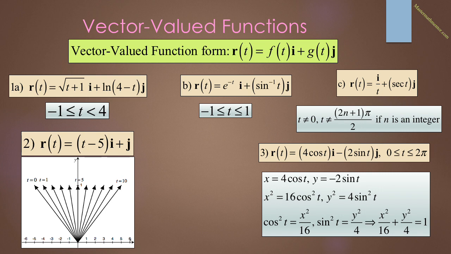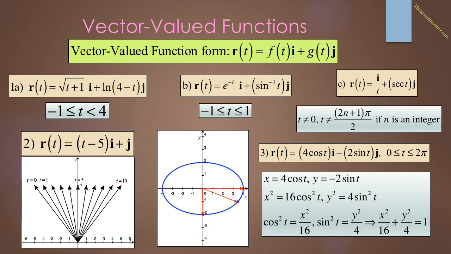Squaring both, we get x squared equals 16 cosine squared t and y squared equals 4 sine squared t. That gives cosine squared t equals x squared over 16. Sine squared t equals y squared over 4, and since sine squared plus cosine squared is equal to 1, we get x squared over 16 plus y squared over 4 is equal to 1. We graph this expression and find that it graphs an ellipse.